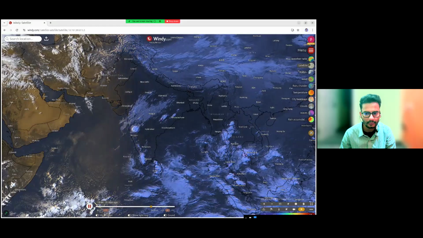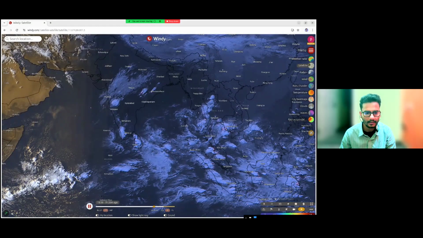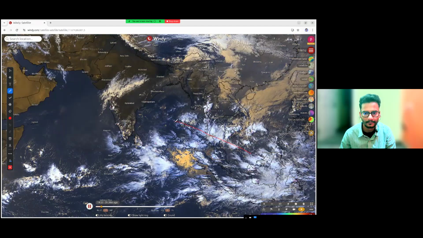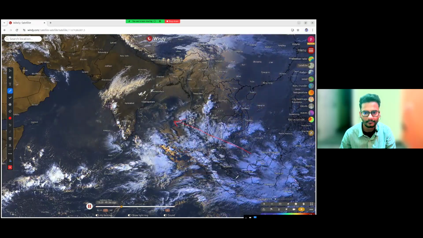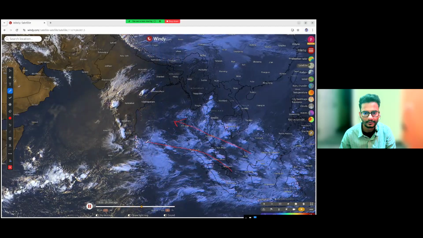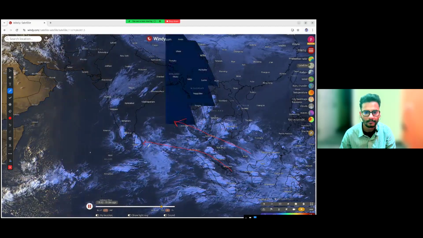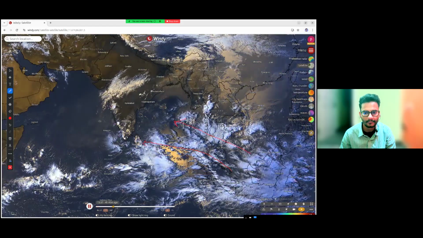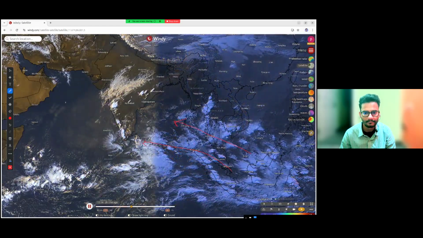So if you look at the equatorial region, if you just notice this region, you will note there is some kind of cloud motion from east to west, and this appears to be the extension of this equatorial convective activity.